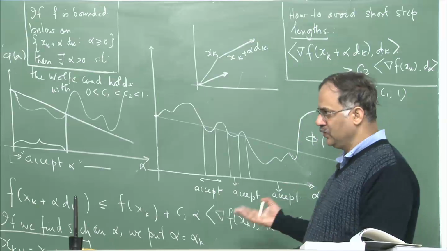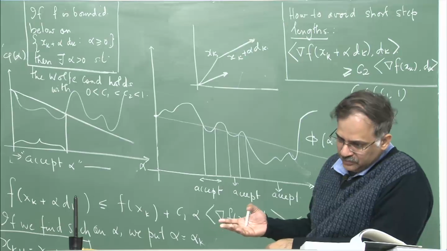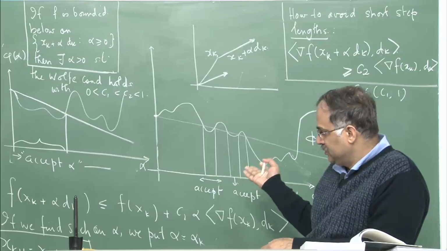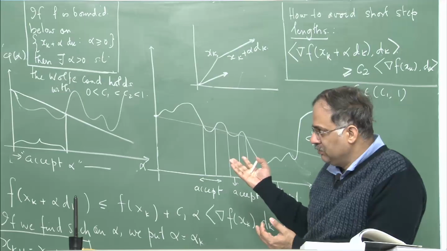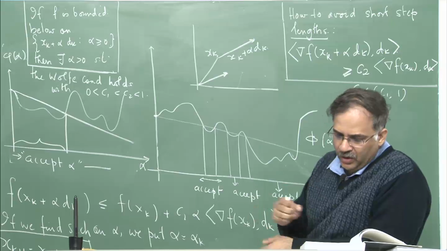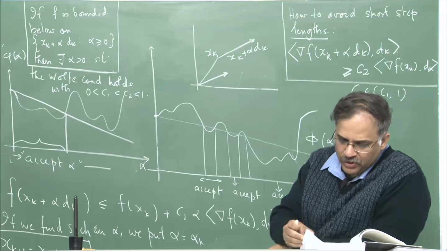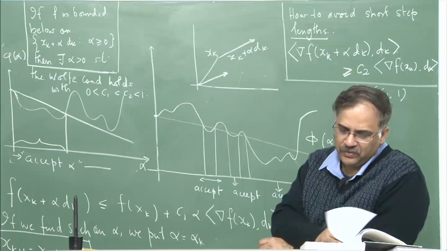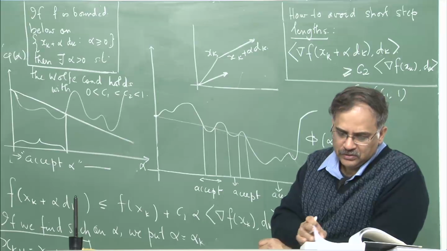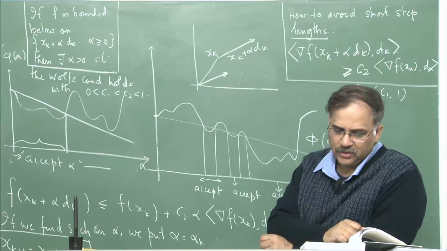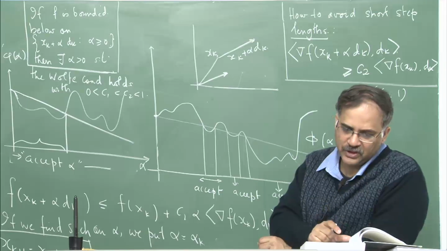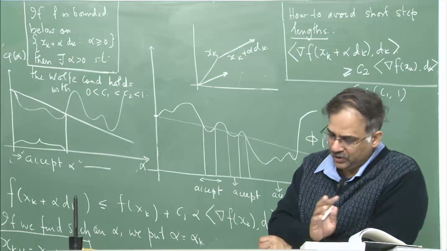So we will see how we can use the backtracking line search and go ahead and do the algorithm, and then we will talk about a particular type of method called the steepest descent method.